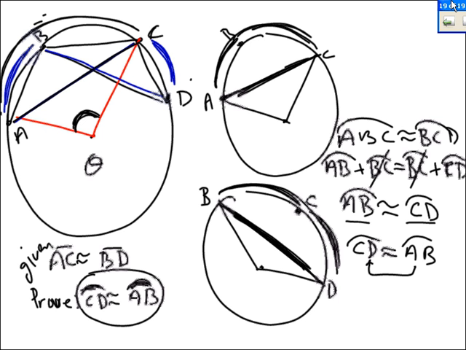If the two chords are congruent, then the corresponding arcs are congruent. The corresponding central angles are congruent. If the two central angles are not congruent, then the corresponding chords are not congruent. The corresponding arcs are not congruent. You get all three or none.